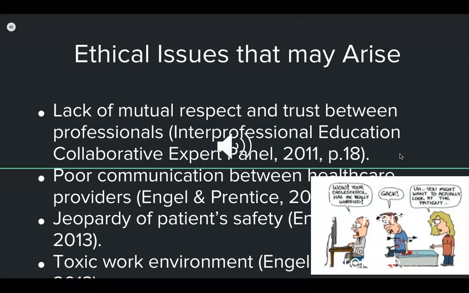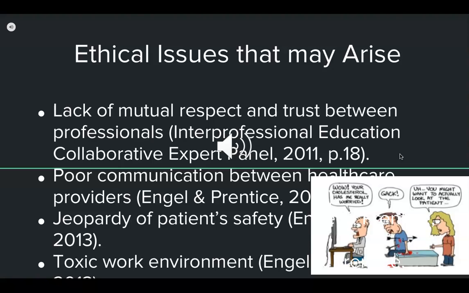the patient care outcome. Also, one of the issues found was poor communication between healthcare providers, and poor communication between healthcare providers has been found to be a major contributing factor to the errors made by healthcare professionals. This has resulted in threats to patient safety.